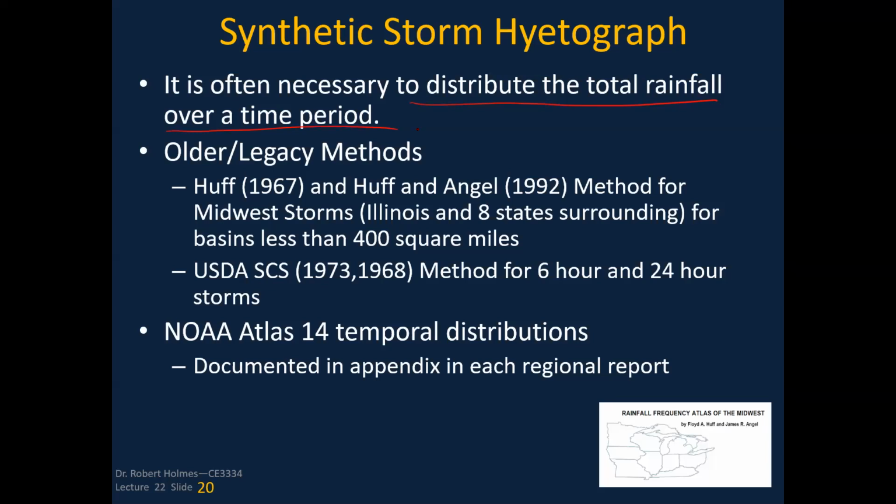Now, I've updated this lecture, so if you've looked at old lectures of mine, I've concentrated on these two methods, the Huff and Angel method for distributing rainfall and the USDA SCS method.